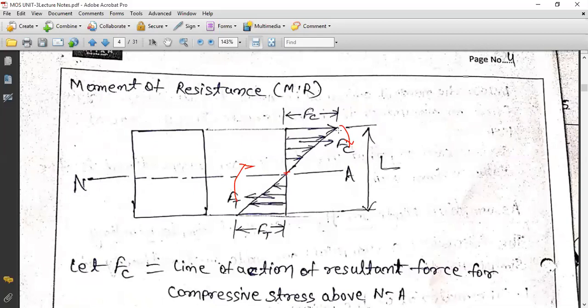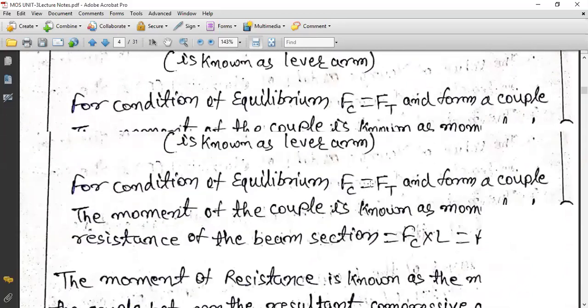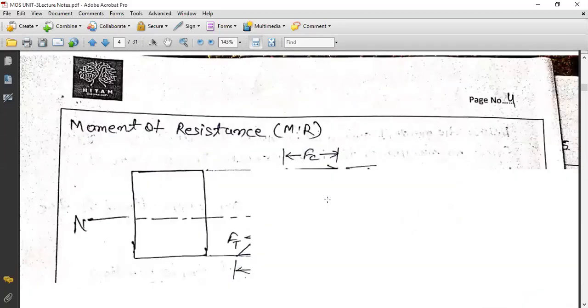Otherwise, it will start to move. So we apply the same resistance force, that is Fc into L, and that Fc into L is the moment of resistance. We have to stop the movement. What is the moment of resistance?